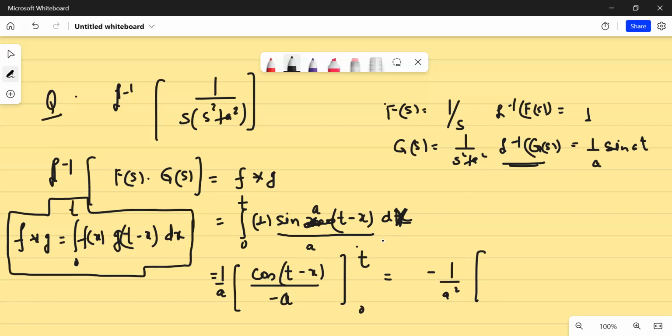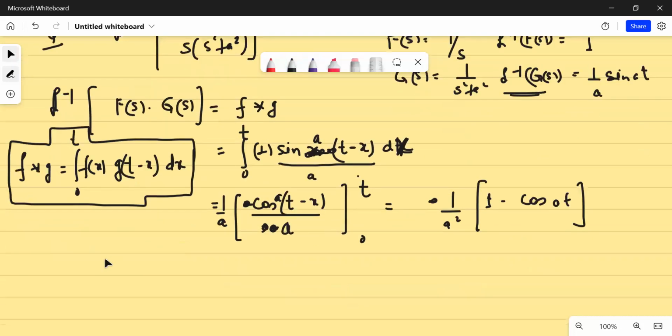So if I use that, this integration would become cos of a(t minus x) divided by a, with a negative sign because of sine, and again a negative sign because a is multiplied here. So this a would get absorbed, and you will get 1 upon a square, with 1 minus cos. If you write 0 here, so this should be the answer.